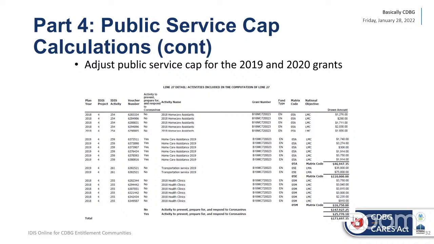So in this section, if you have yes, and that voucher used 2019 and 2020 funds, then you can deduct that from your Part 4 and exclude that from the public services calculation. Next slide, please.